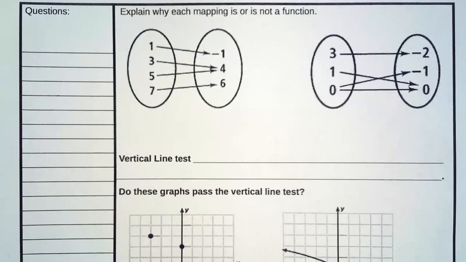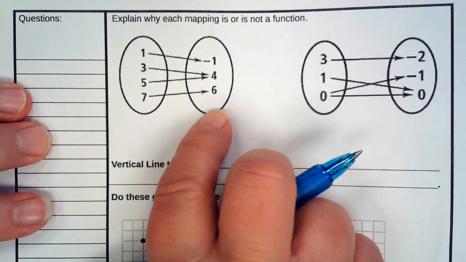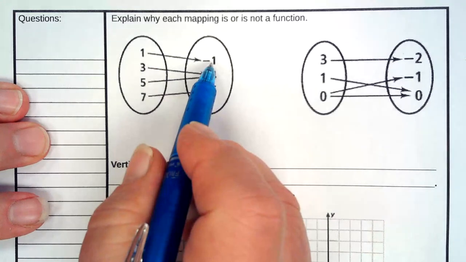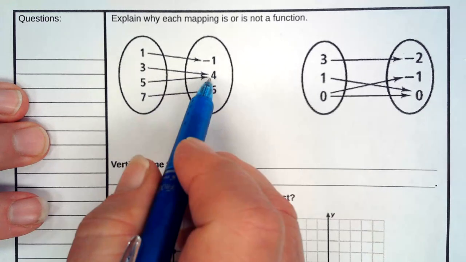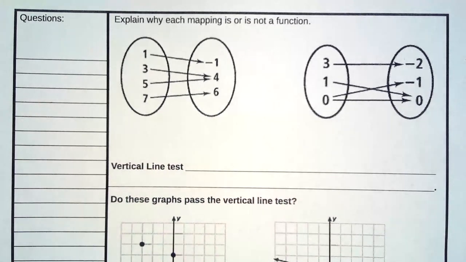Okay, explain why each mapping is or is not a function. So to be a function, it should only have one line from each of the first numbers. These are your inputs, these are your outputs. 1 goes to -1, 3 goes to 4, 5 also goes to 4, and 7 goes to 6. But do the inputs go to two different numbers?